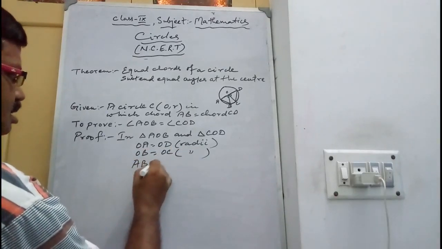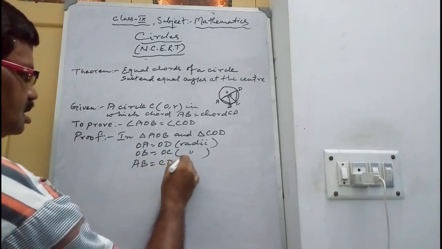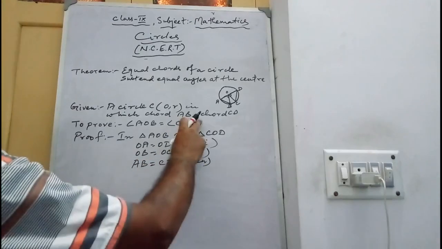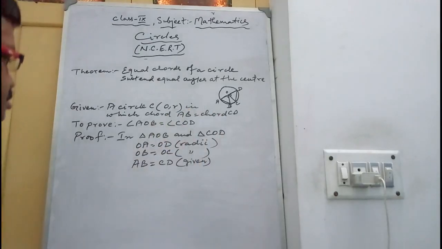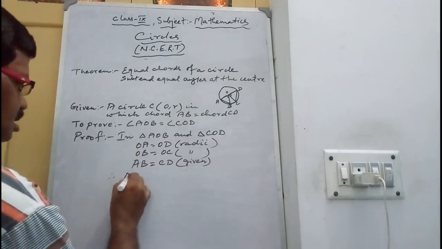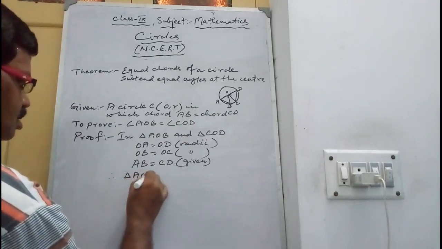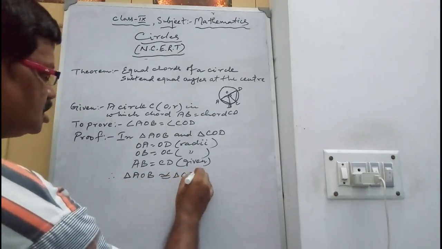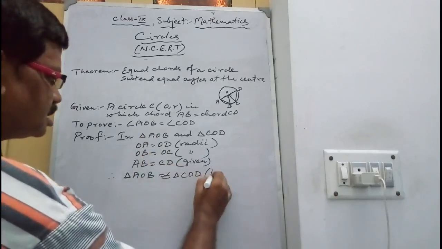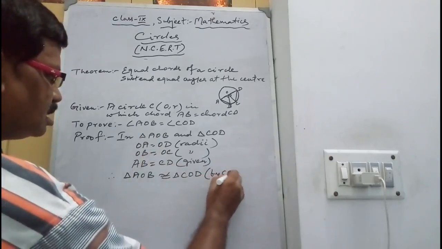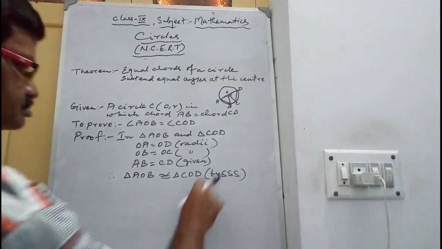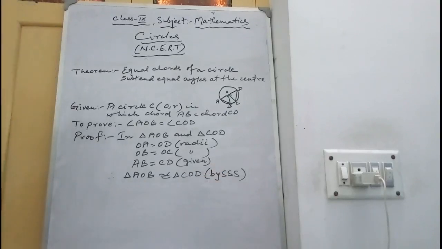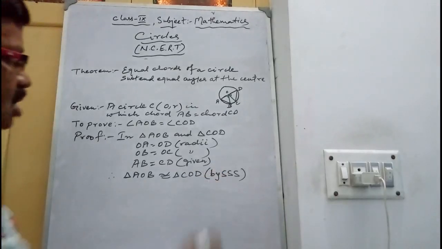AB is equal to CD, that is given, as they are equal chords. Therefore triangle AOB is congruent to triangle COD, all sides equal, by the SSS congruency property.